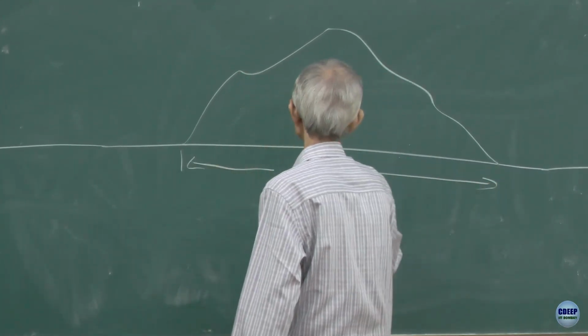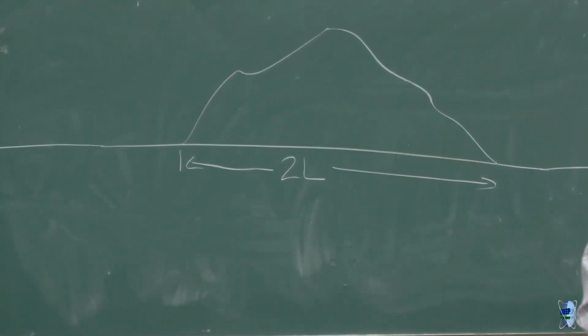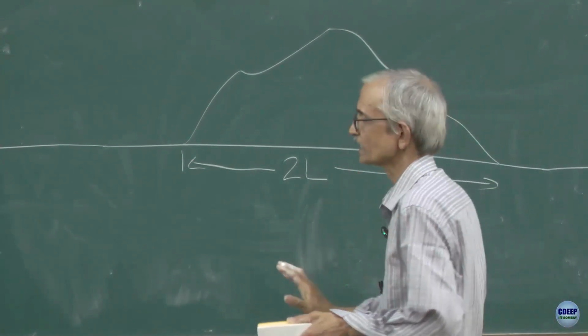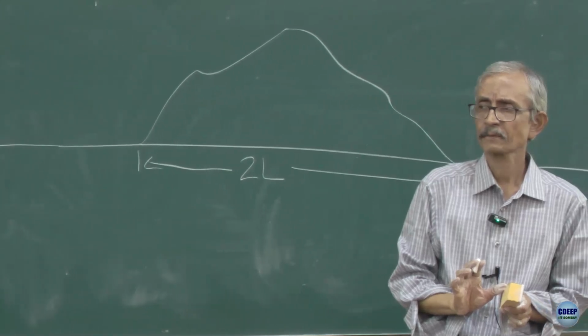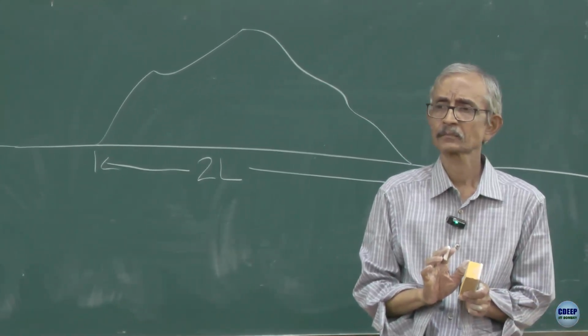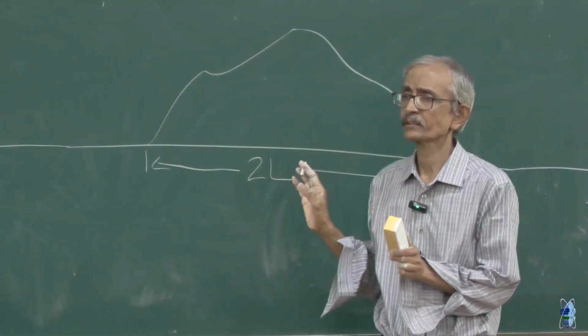Let us say this is L or 2L or whatever. I am a fan of Fourier series, and I want to represent this as a Fourier series. What can I do? This is not periodic, right?